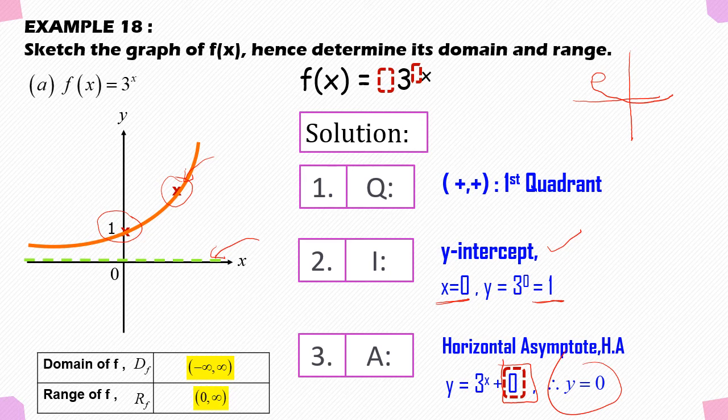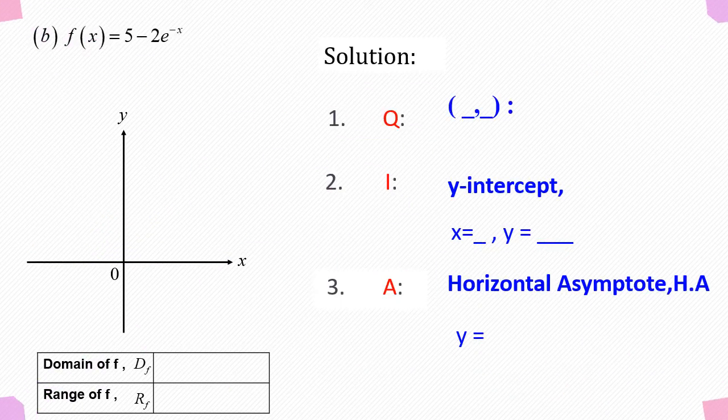infinity. Now, we need to sketch the graph for f(x) equal to 5 minus 2e to the power of negative x. So we start by determining the quadrant for this function.